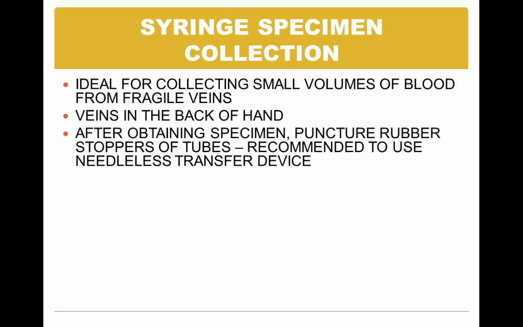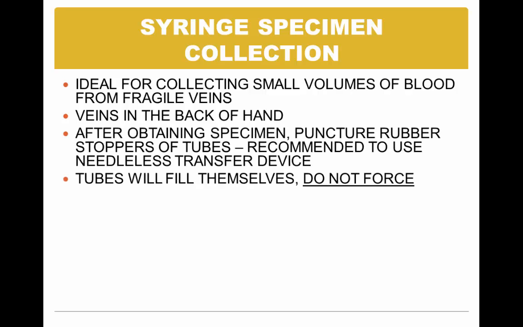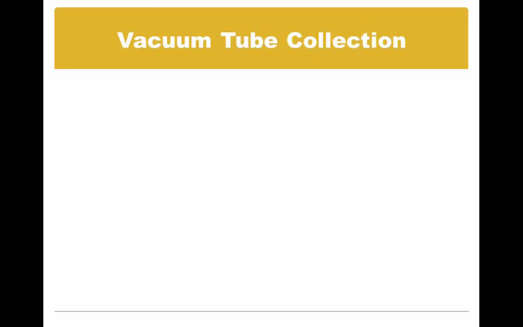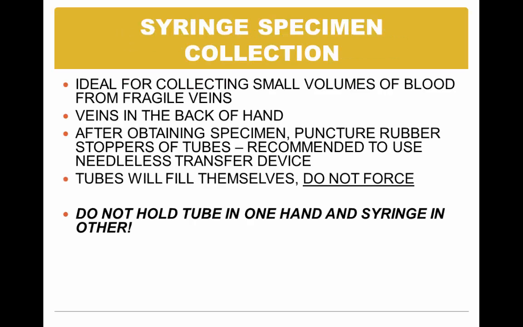The syringe specimen collection is ideal for collecting small volumes of blood from fragile veins in the back of the hand. After obtaining the specimen, you puncture the rubber stoppers of the tubes. It's recommended to use needleless transfer devices. The tubes will fill themselves.